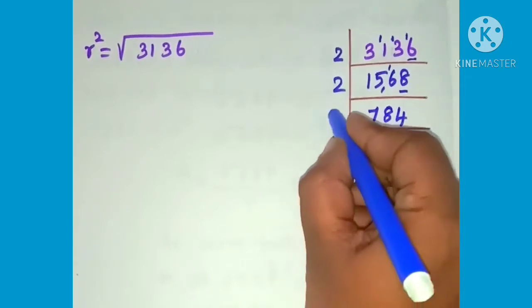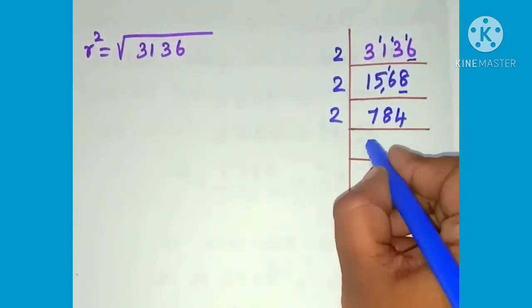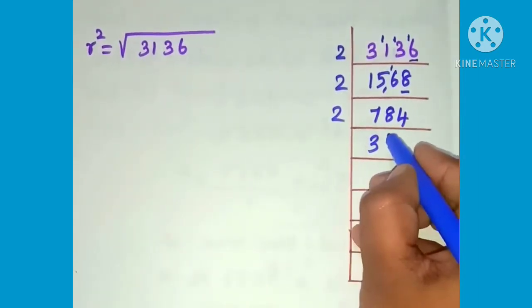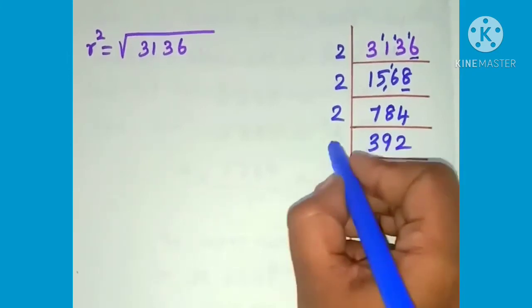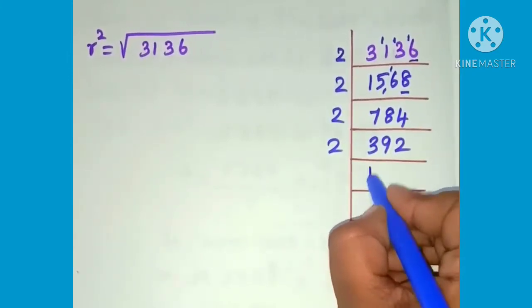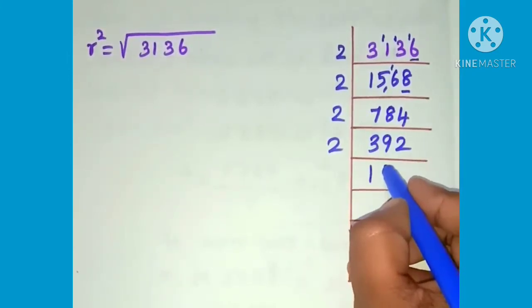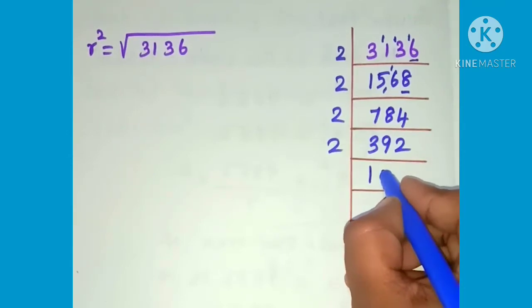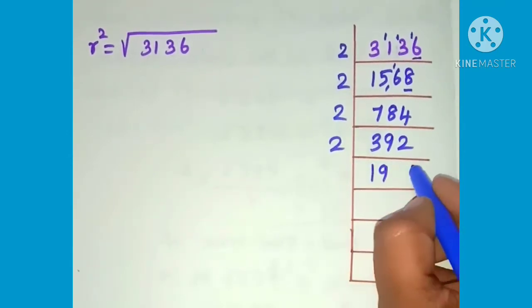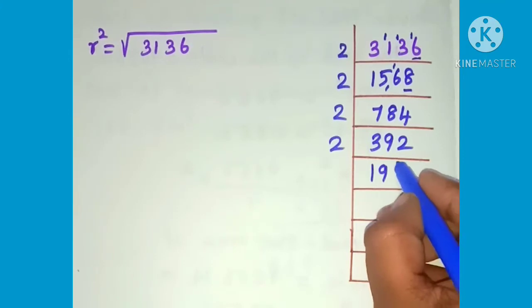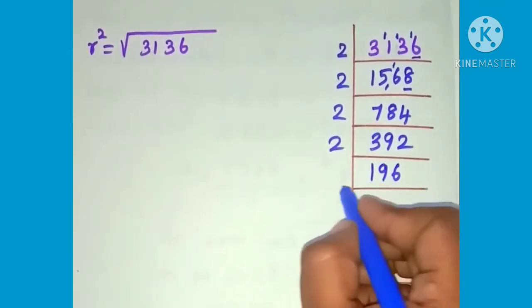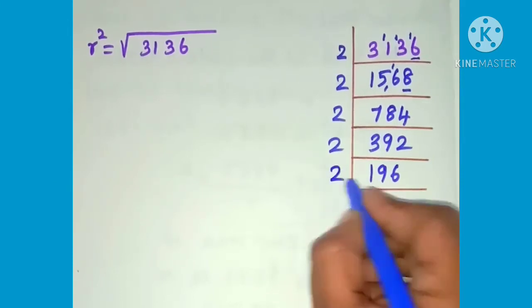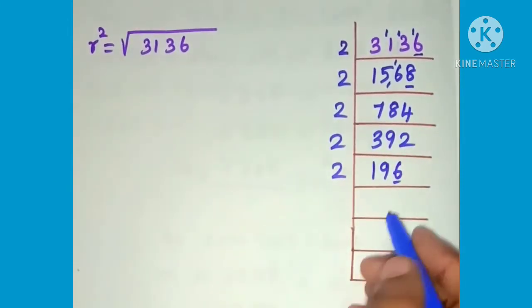So again we can take 2, and here 3 2s are 6 and remainder 1, 18, which is 9 2s are 18, 9 and 2. So again we can take 2. So 1 2s are 2, remainder 1, 19, and here we get 9 2s are 18 and remainder 1, and 6 2s are 12. Here the last digit is 6, which is an even number.